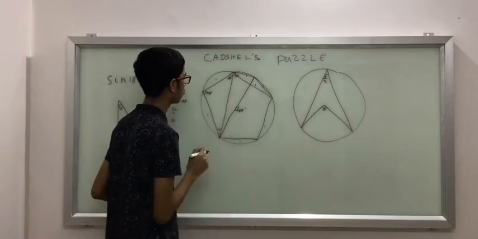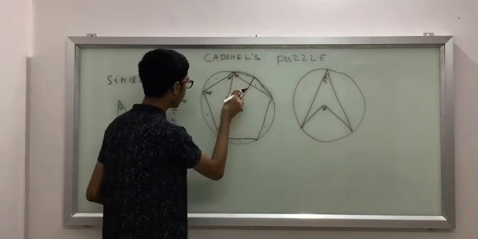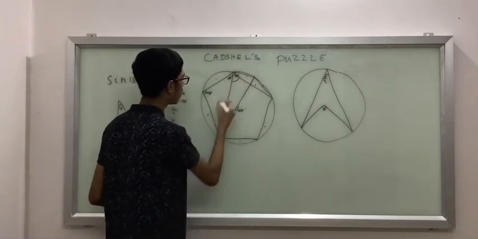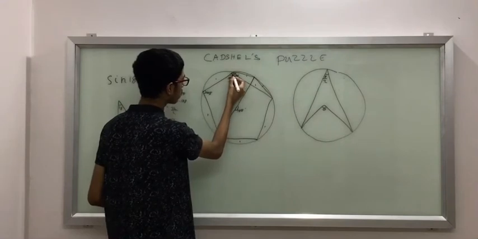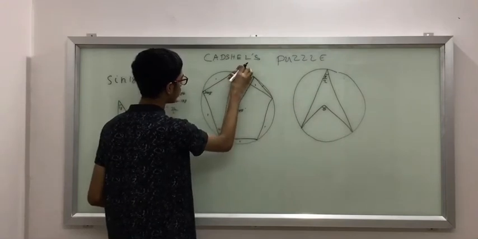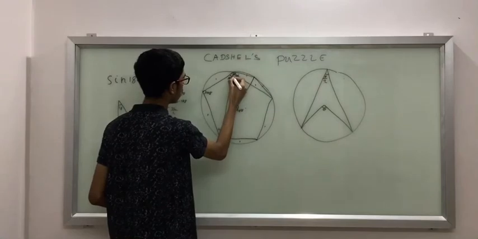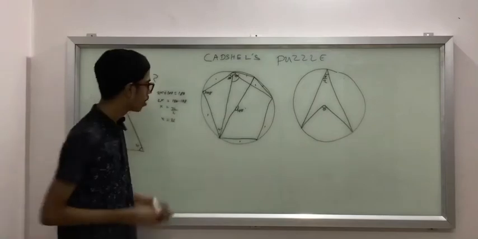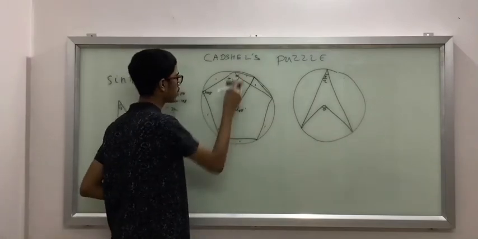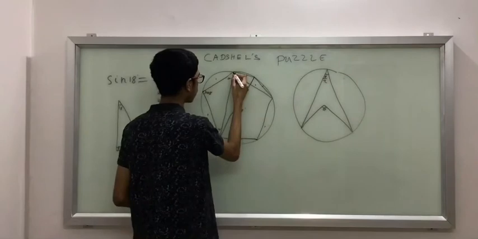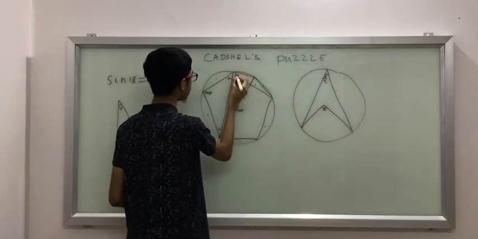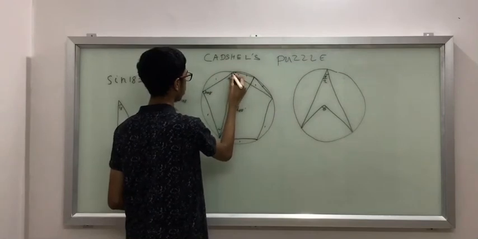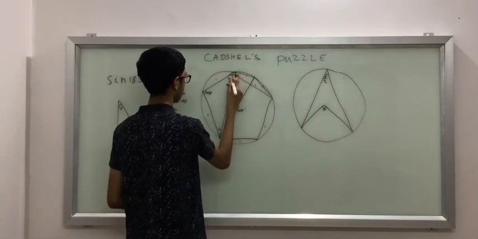Then this whole is 90. Then what is this angle? See, I know this whole angle is 108 now. Wait, one minute. 90, 36.